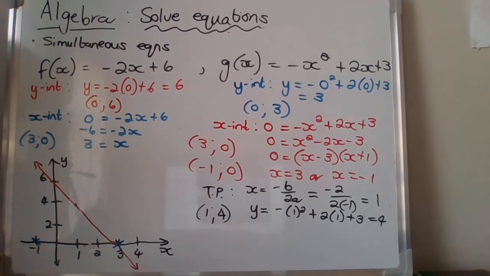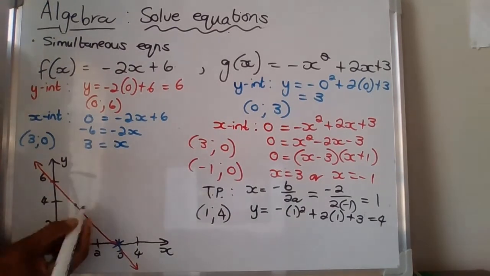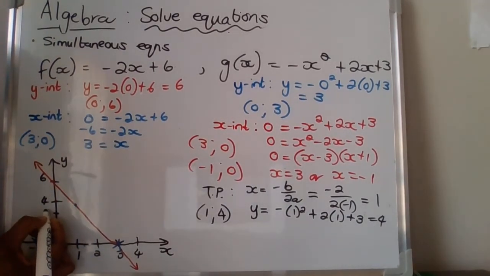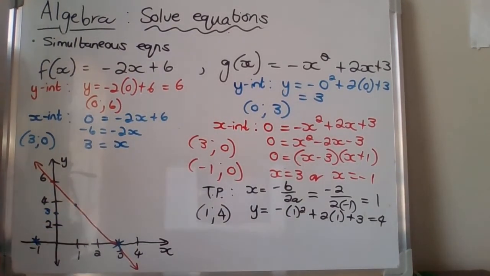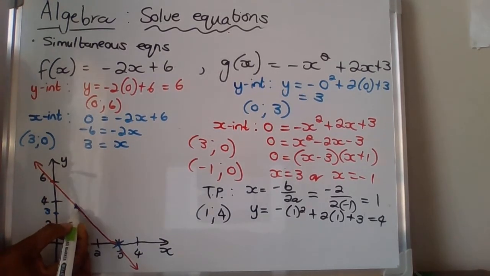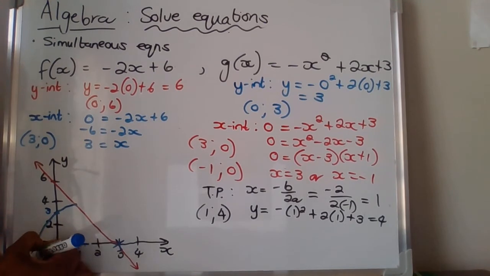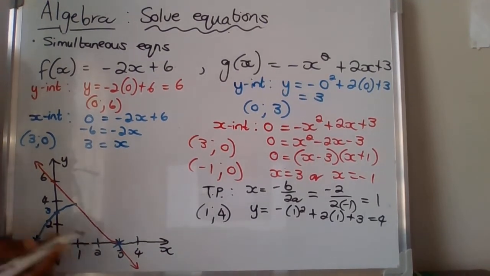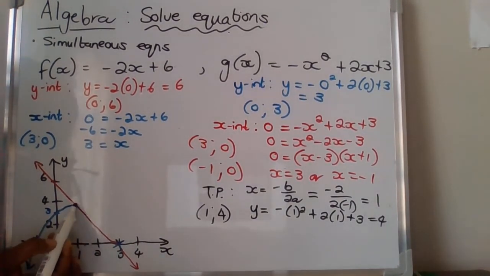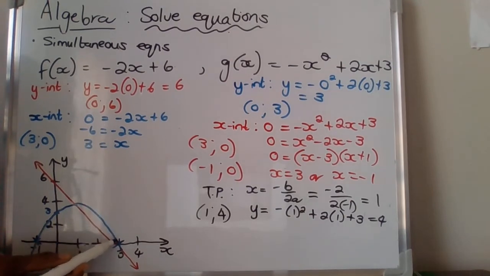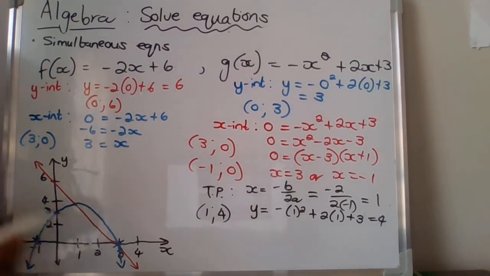It's a sad-looking graph. And here we had to note the y-intercept, which is here at 3. So this tells me that my graph cuts the y-axis at 3 and the x-axis at minus 1. And at the turning point, it then goes from there down to 3.